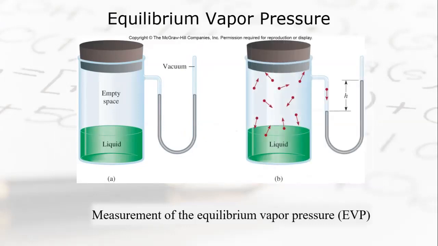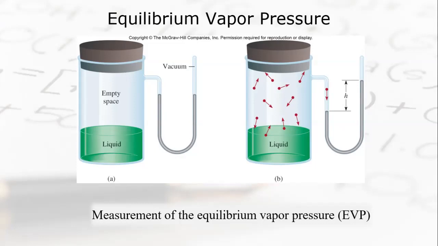But as liquid begins to vaporize, those gas molecules exert pressure on the mercury and push it. Since there's nothing to hold back against the mercury on the right side of the U-shaped tube, the column of mercury gets displaced, and we can use the difference in height between the two sides of the column of mercury as an index of the equilibrium vapor pressure.